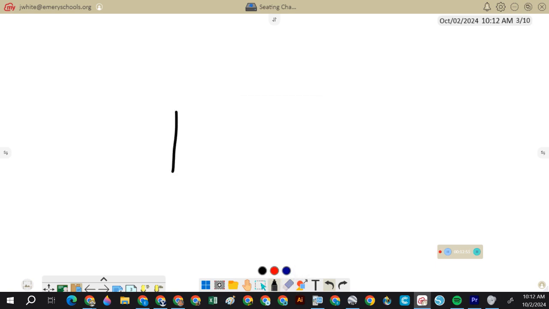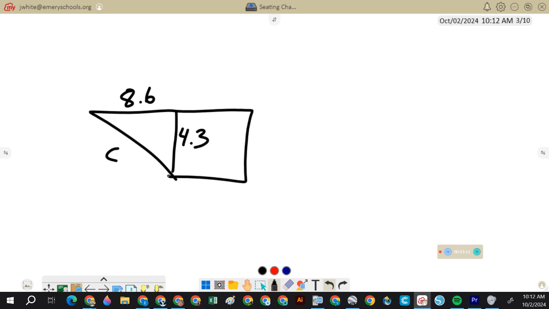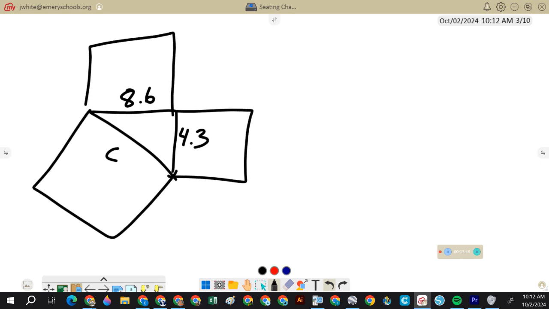So what if I had a side length of 8.6 and let's say 4.3, and then I had C, and I calculated whatever C was. The areas are still going to match. So this area plus this area is equal to that area every single time, even when the numbers are not friendly. In fact, most of the time the numbers are not friendly.